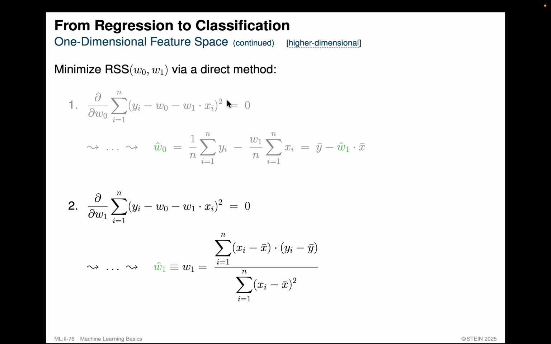So we want to find out at what parameters W0 and W1 that function becomes 0, or as close as possible to 0. And thereby we will find our optimal parameterization of the model function.